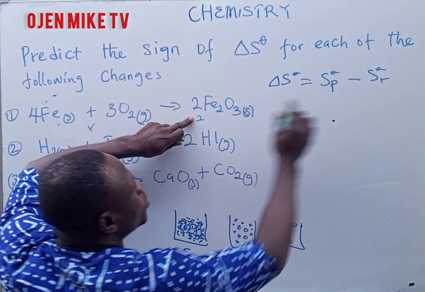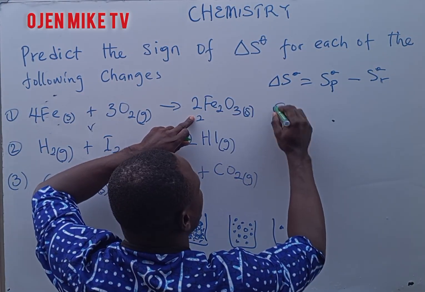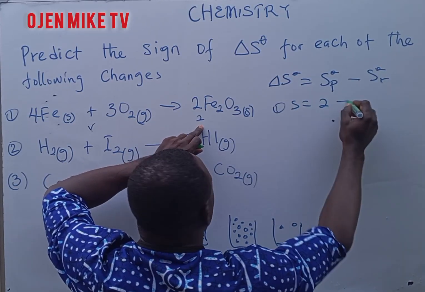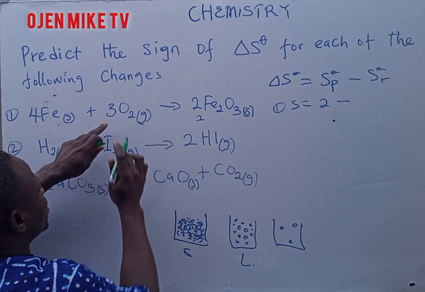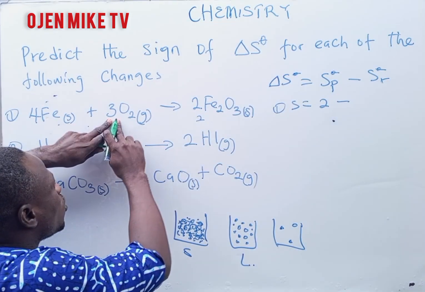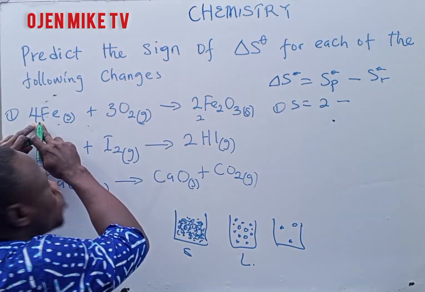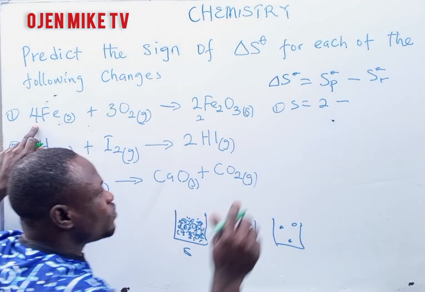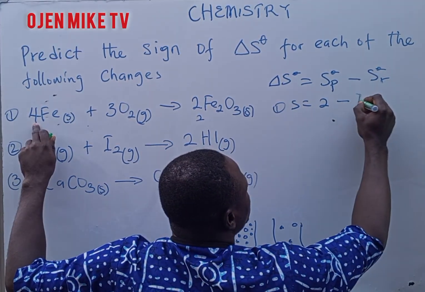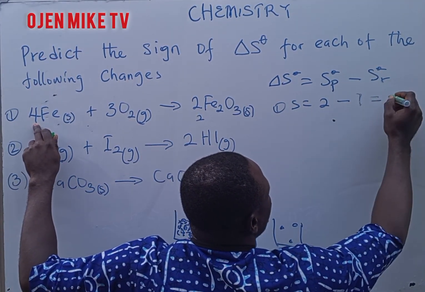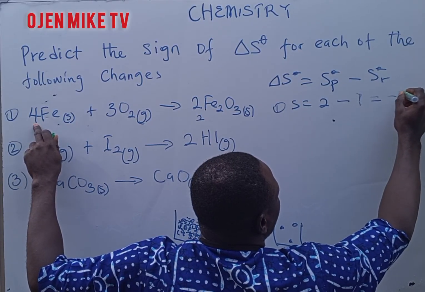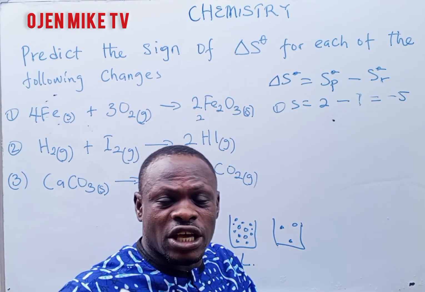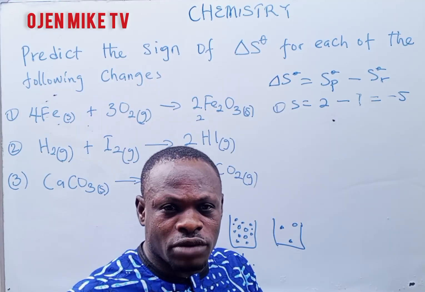So for the first equation, ΔS equals 2 minus the reactants: we have 3 moles of oxygen and 4 moles of iron. 3 plus 4 gives us 7, so you subtract 7. So entropy change here is minus 5.